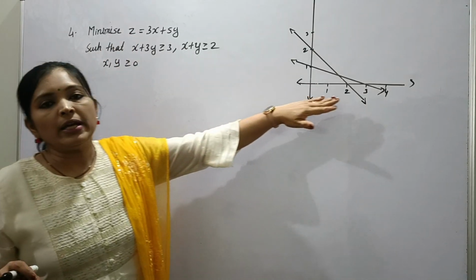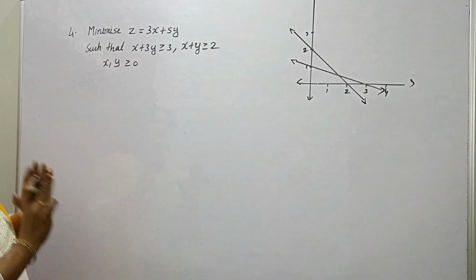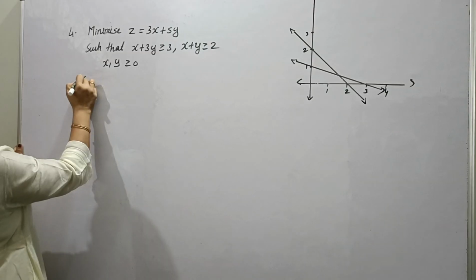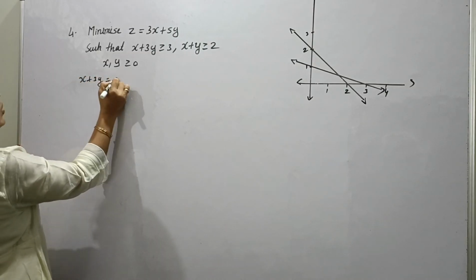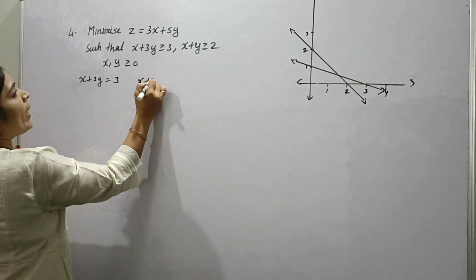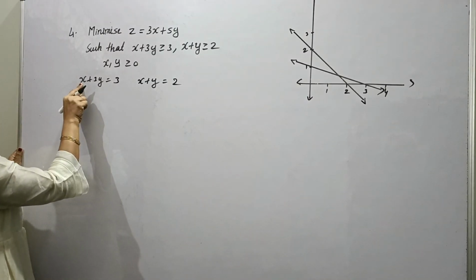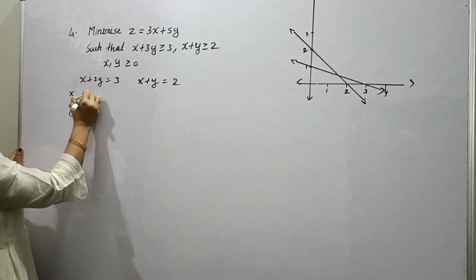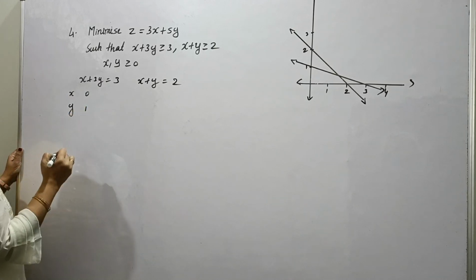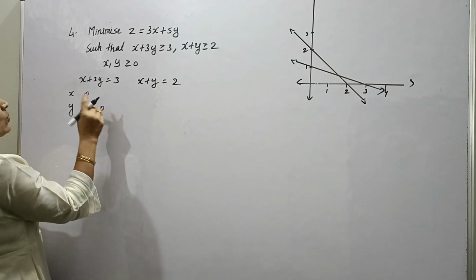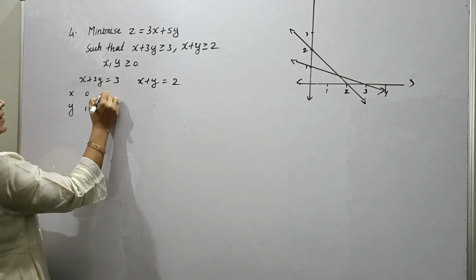Okay. So by graphical method, we have to draw the graph. For that we will take x plus 3y is equal to 3 and x plus y is equal to 2. Here x and y, put x is equal to 0, what is y? When x is equal to 0, y is 1. And when y is equal to 0, what is x? 3, right?